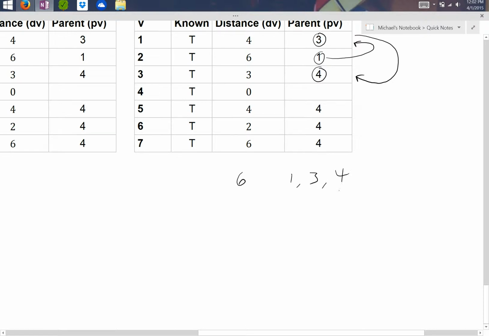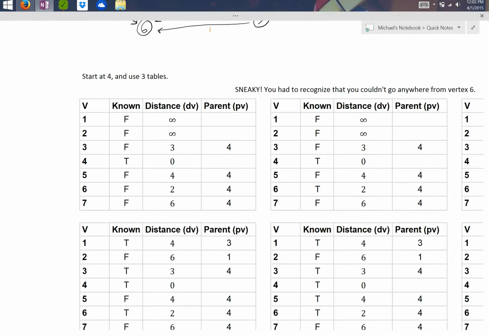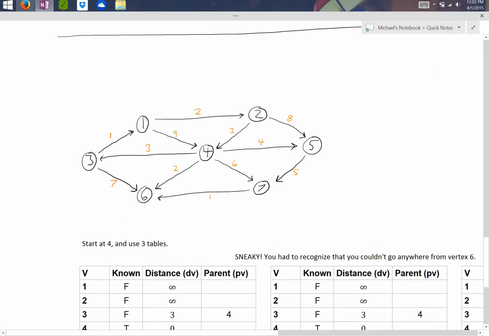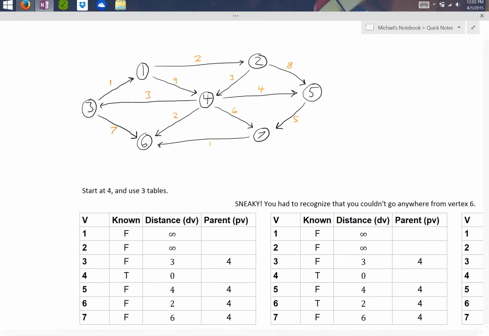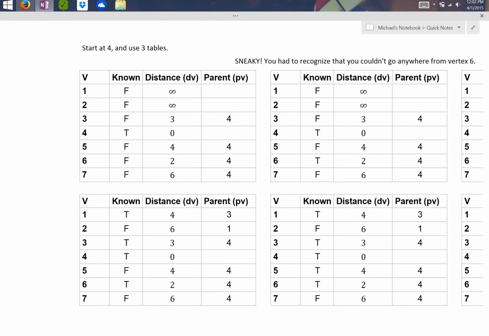So 1, 3, 4 is the path we use to get there for a cost of 6. Going up 1, 3, 4, we obviously have to flip the path. So 4 goes to 3, and 3 goes to 1, and that's a cost of 4. Just like that. 1, 3, 4. So that's going to be the total path, and it's going to end up costing 6 total.